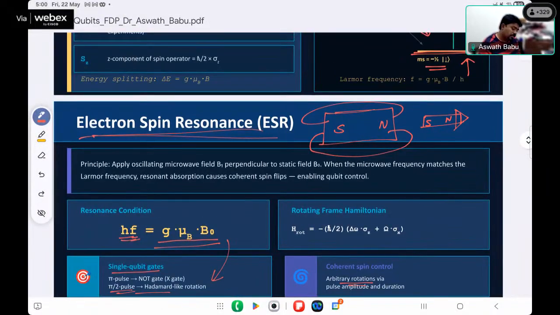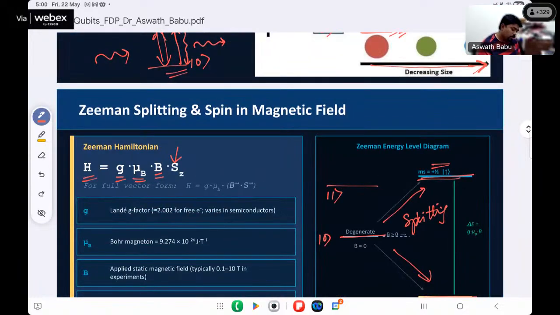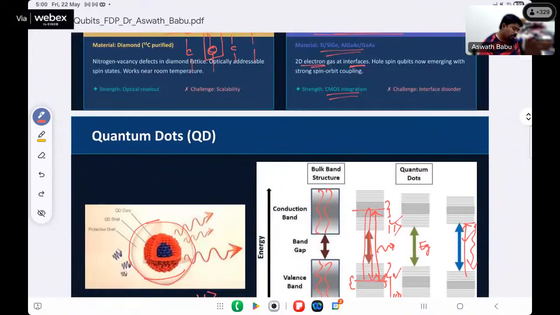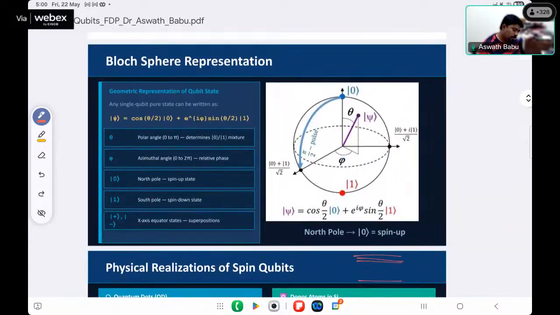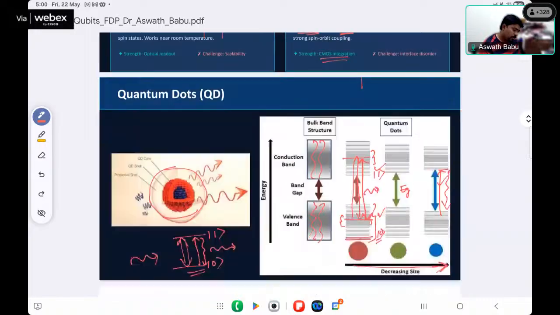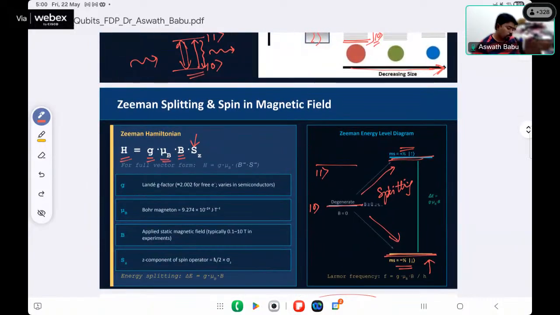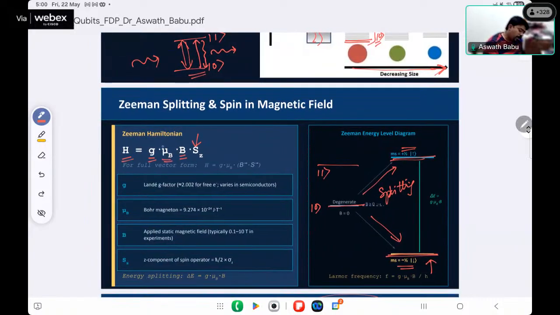The confinement. Okay, so let me go to Zeeman splitting. Do I have an equation to describe that? I don't have one for you here. Which value? See, the Bohr magneton is a fixed value. I don't have control over it. So what do I have control over? B is the applied field and SZ.